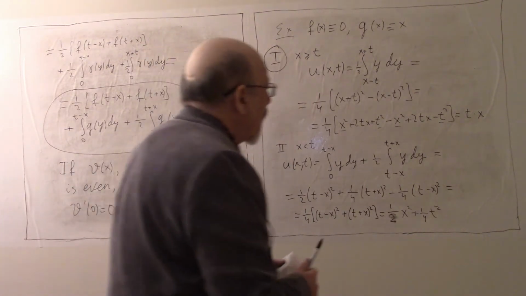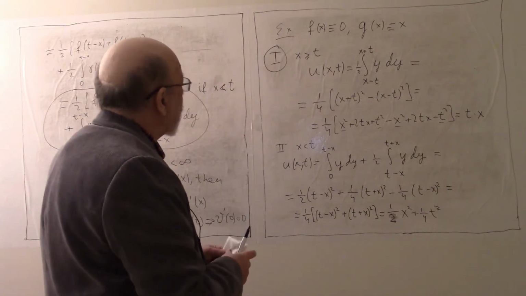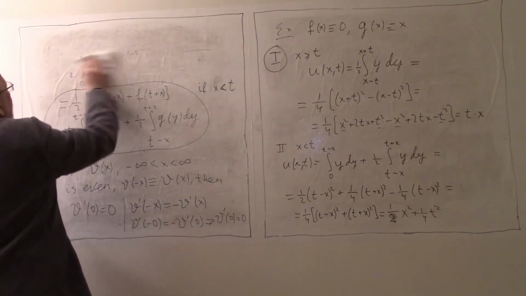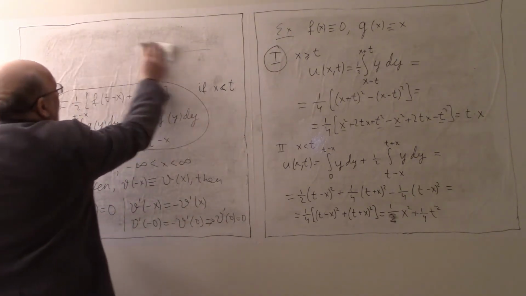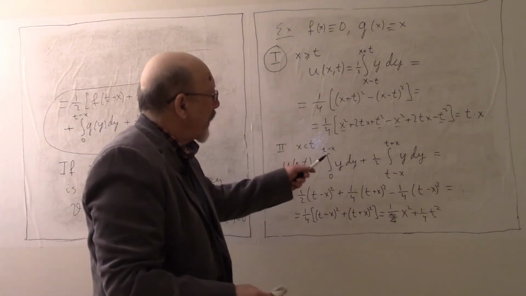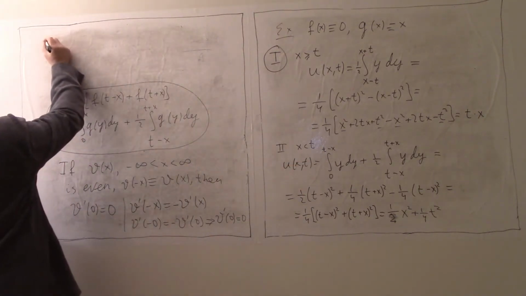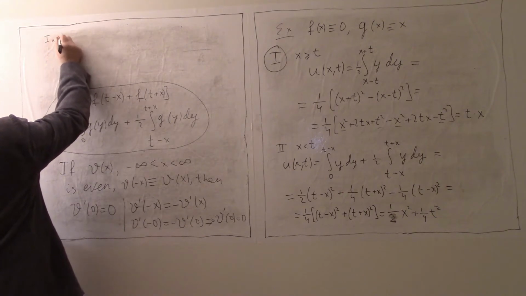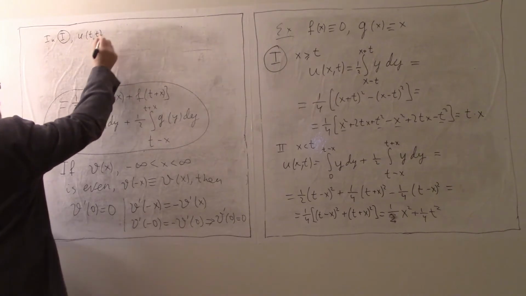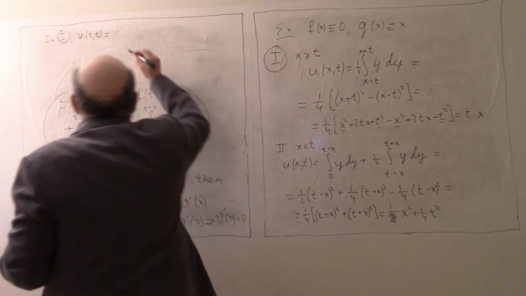It is not even obvious that it should be a continuous function, but let's check it. Of course it's continuous, but we have to check it when x equals t. In domain 1, u of t,t equals t squared.